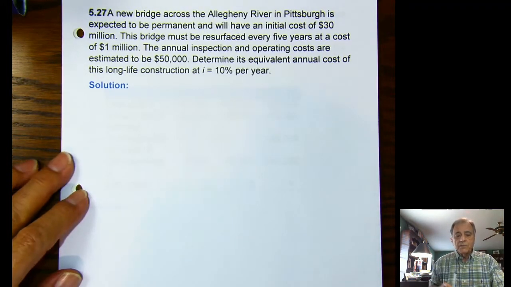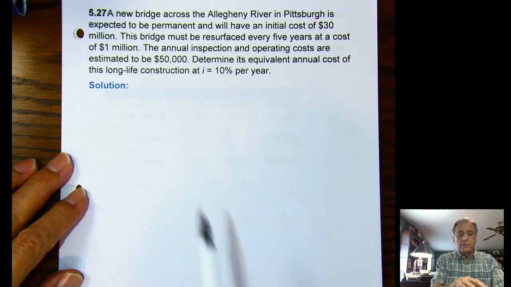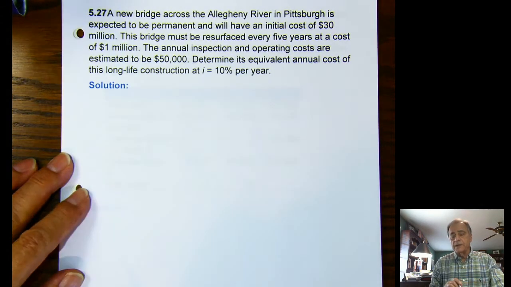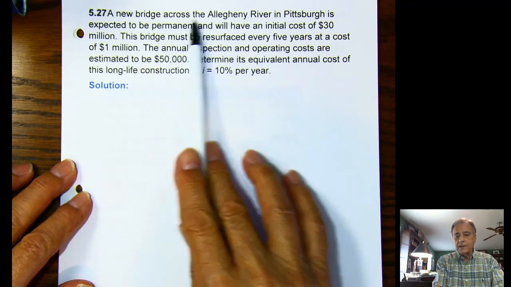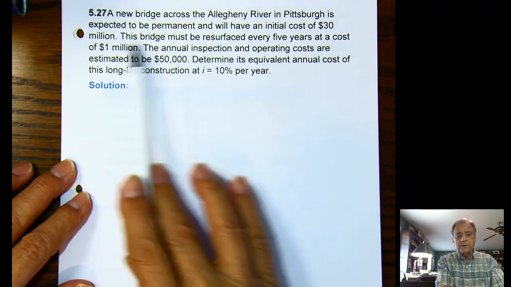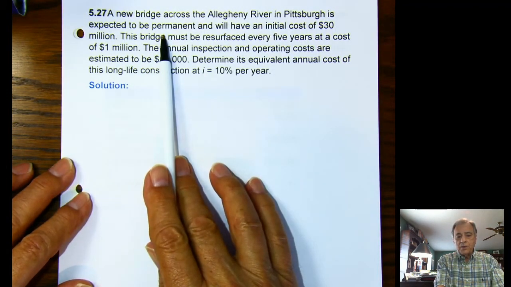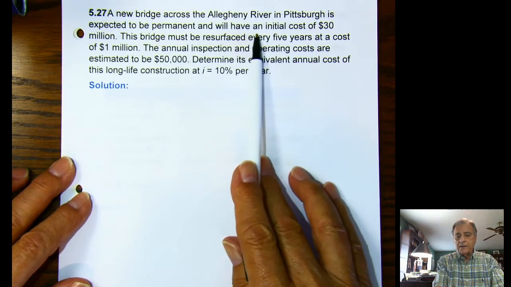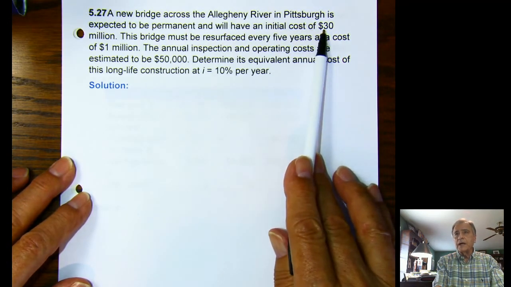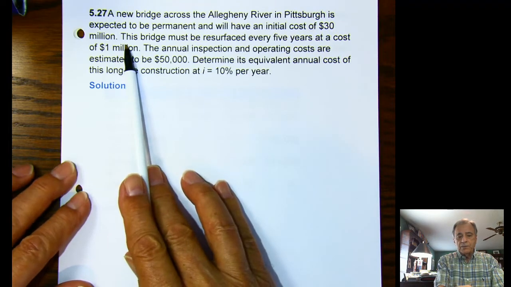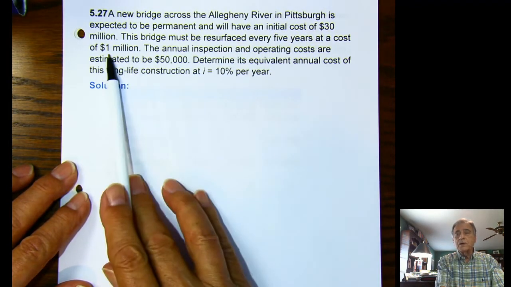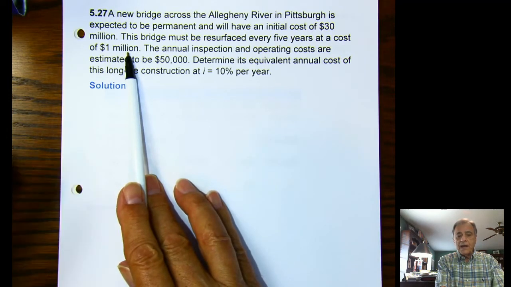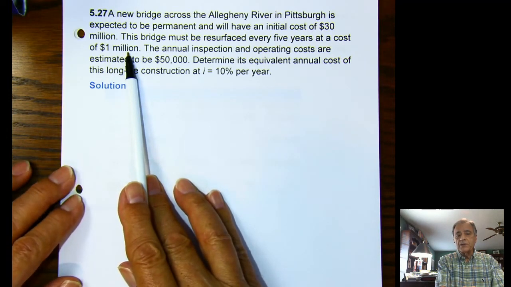Okay, the next problem we're going to work is problem 27 in chapter 5 that states a new bridge across the Allegheny River in Pittsburgh is expected to be permanent and will have an initial cost of $30 million. This bridge must be resurfaced every 5 years at a cost of $1 million. So after 5 years, they're going to have to resurface it.